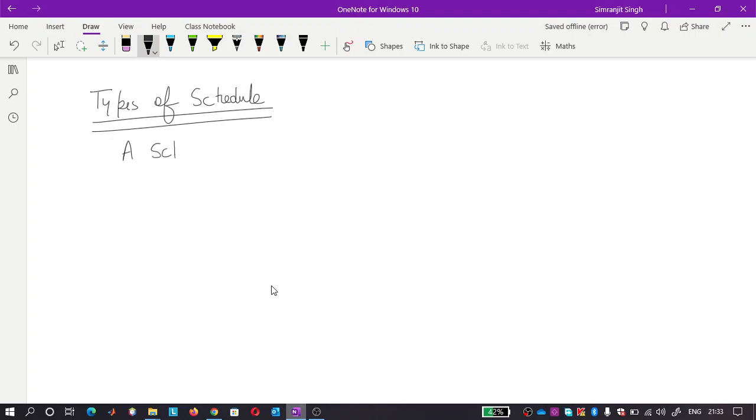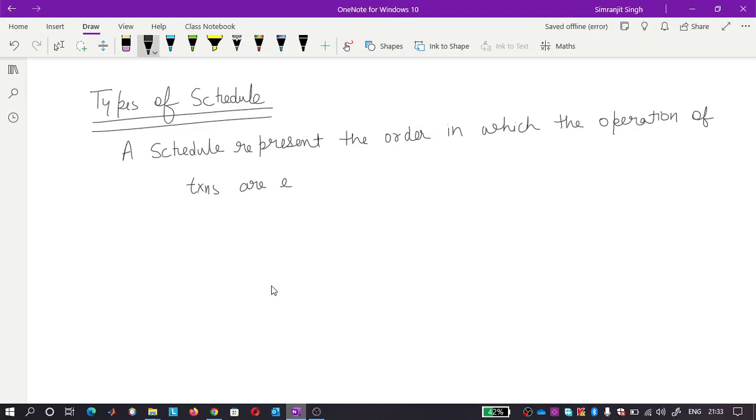A schedule represents the order in which the operations of transactions are executed. Okay, so how does it work? I'll just tell you.